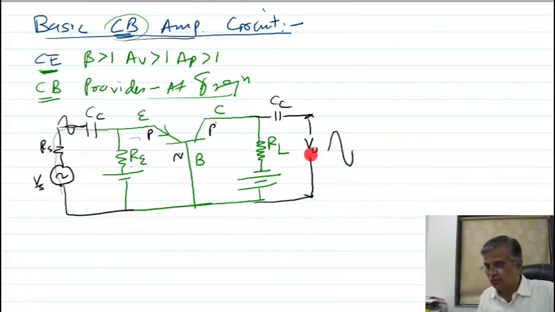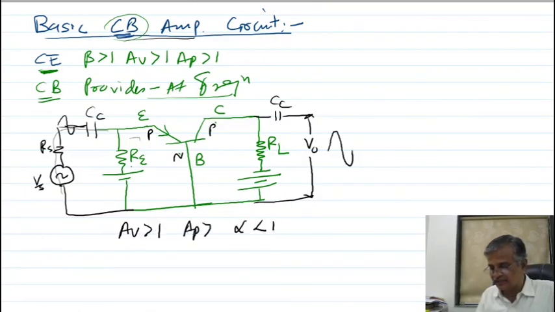So this provides the gain in voltage, voltage gain is large, power gain is large, but current gain is less than 1.